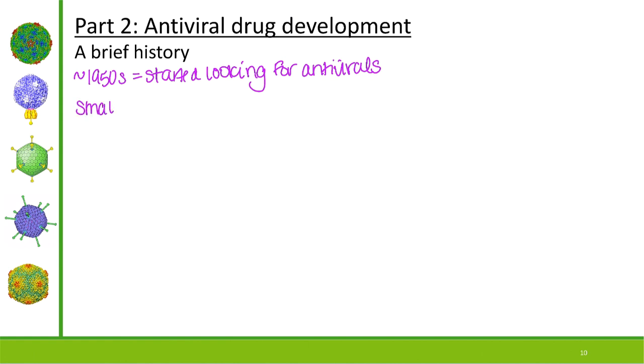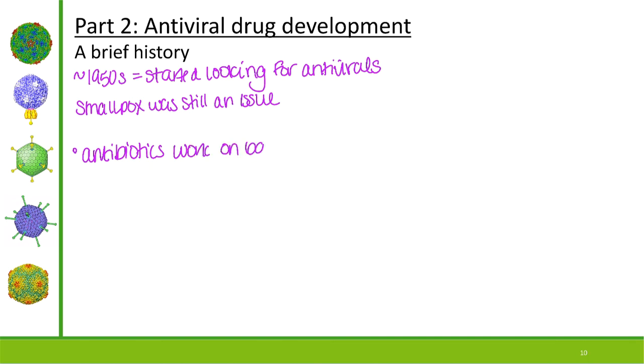At the time, smallpox was still an issue, and that was definitely a push towards looking for antivirals. What we knew at the time was that antibiotics work on bacteria. And so the question in the scientific community was, can we find things against viruses?